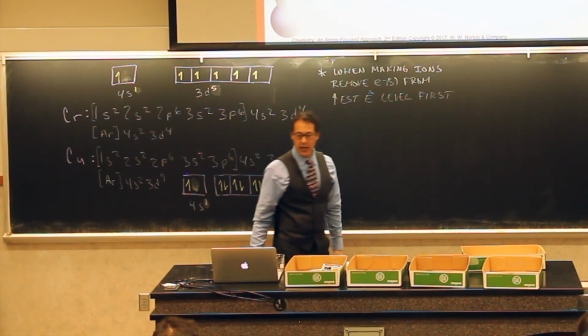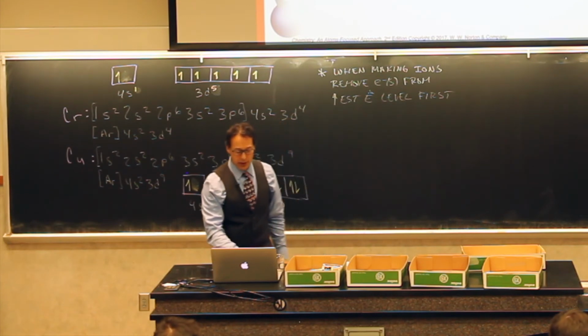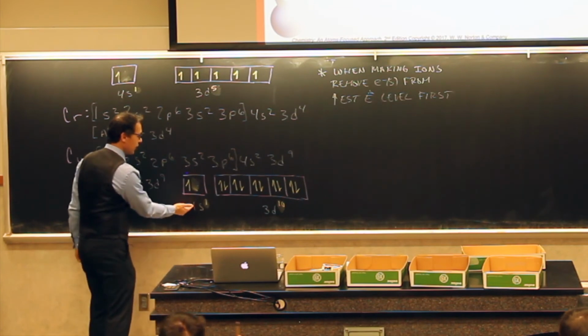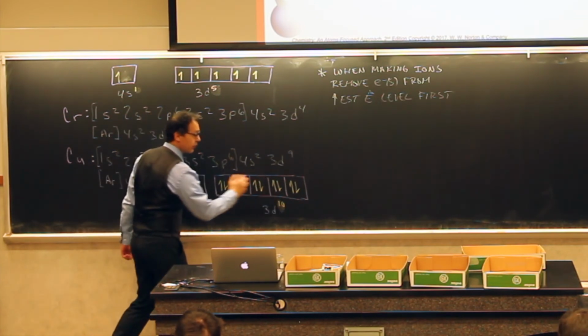Always remove from the highest energy level first. So that is to say we'll remove electrons from the 4s before we would remove them from the 3d.